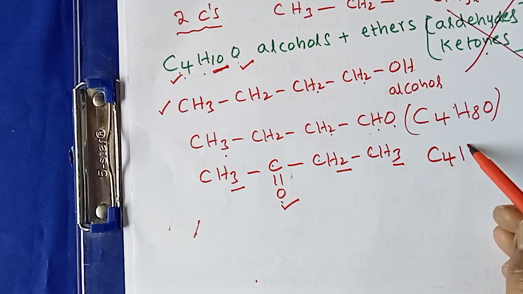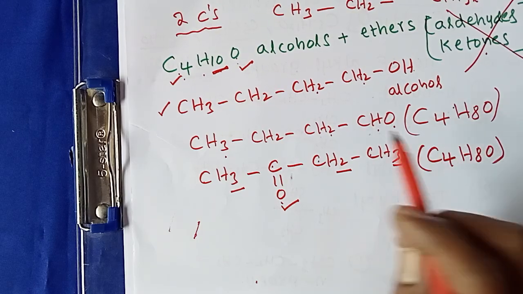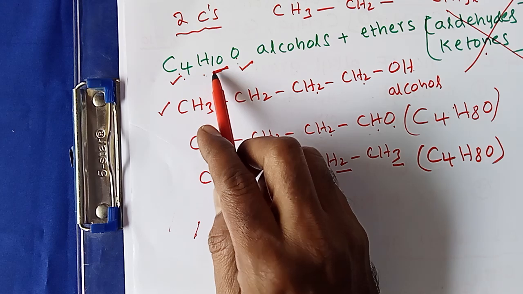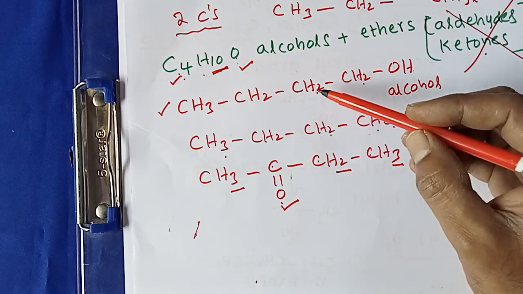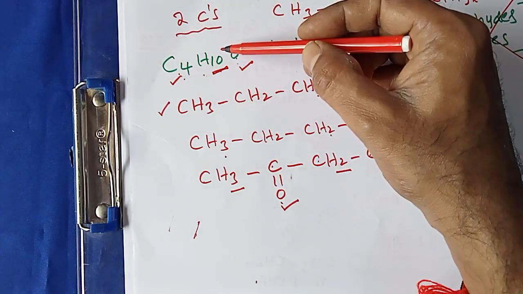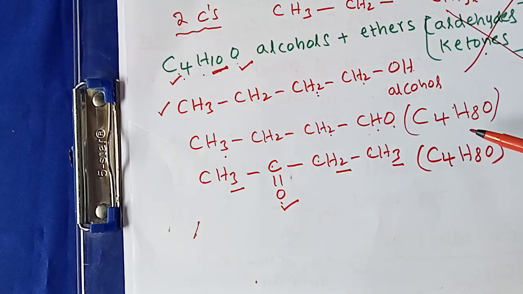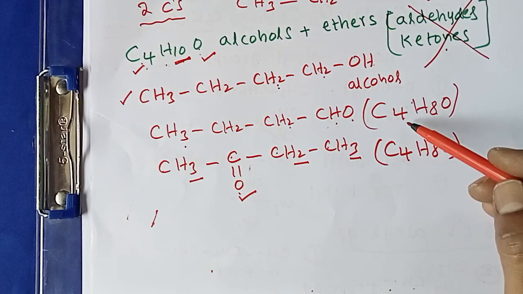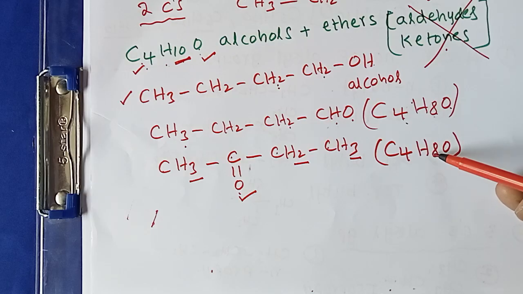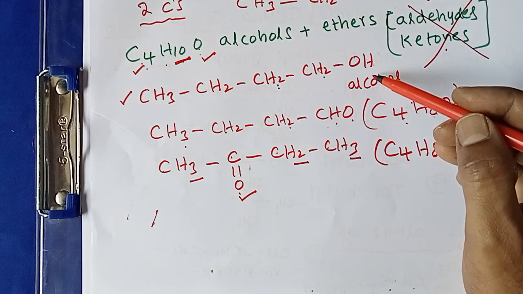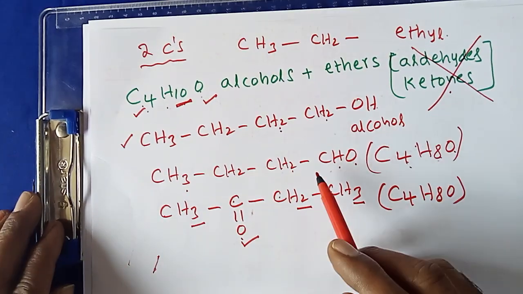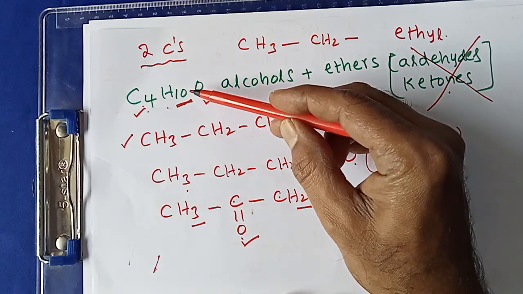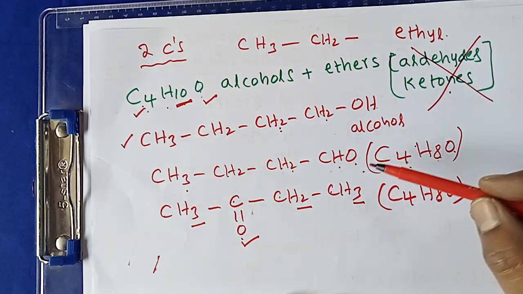So this molecular formula is also C4H8O, but they give C4H10O. This is the way, with one compound you can cross check the formula. It is easy. No need to memorize CnH2n plus 2O. No need to memorize. It is a simple trick to find the molecular formula for functional groups.